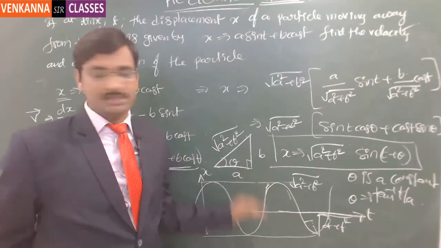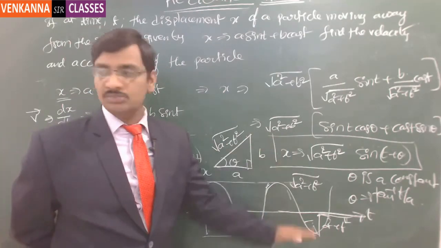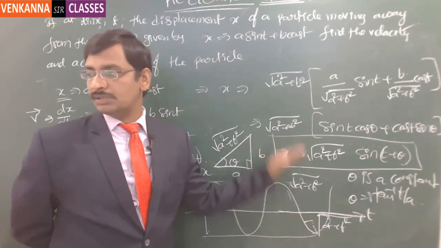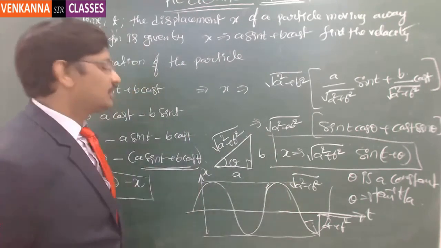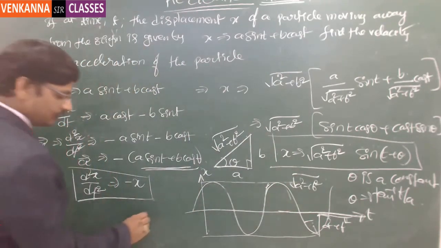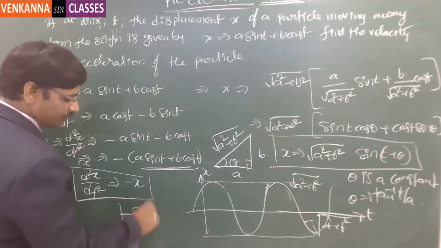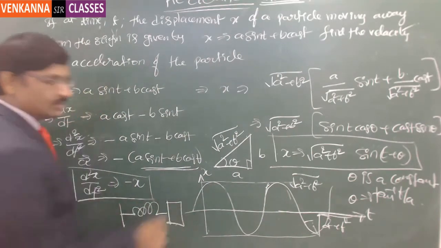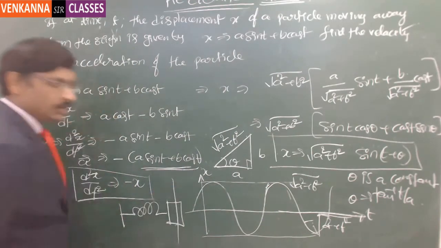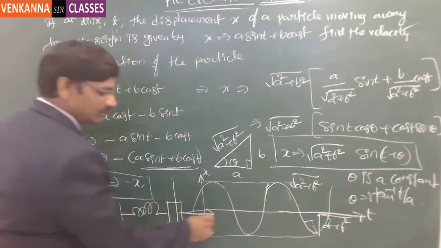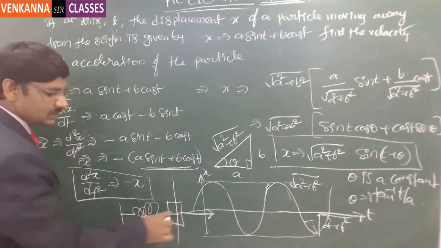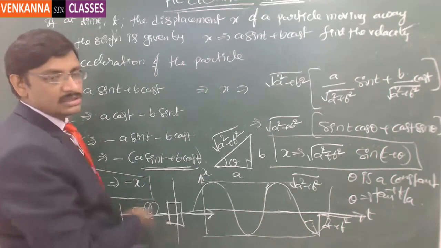Within these two limits it is bounded and keeps moving from top to bottom like this. Essentially, suppose there is a spring like this with a mass at this central point. There will be a displacement like this and a displacement like this, and within this it oscillates forward and backward.